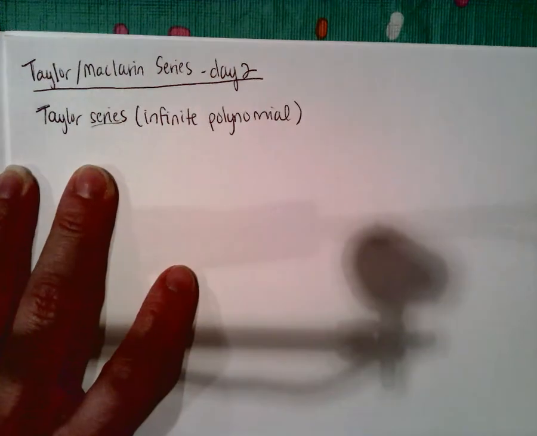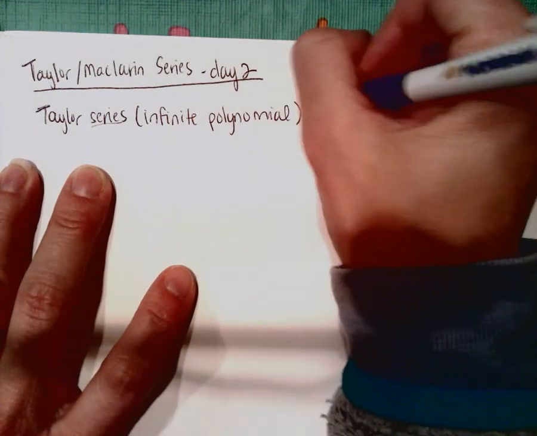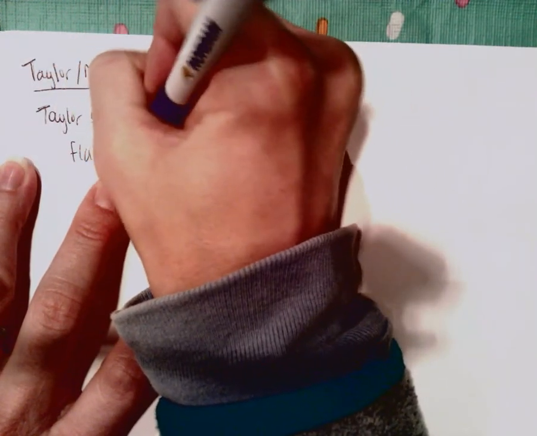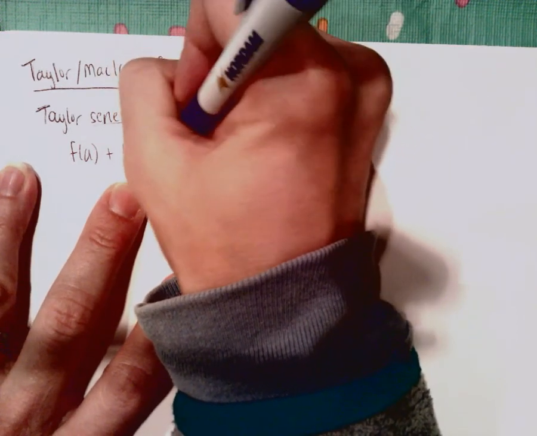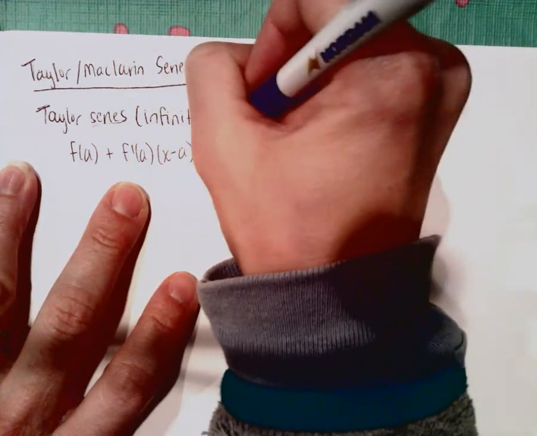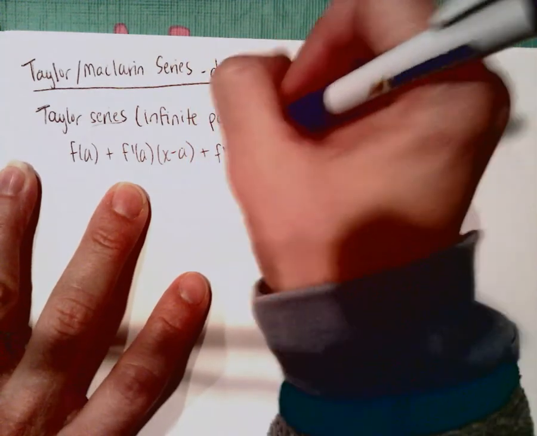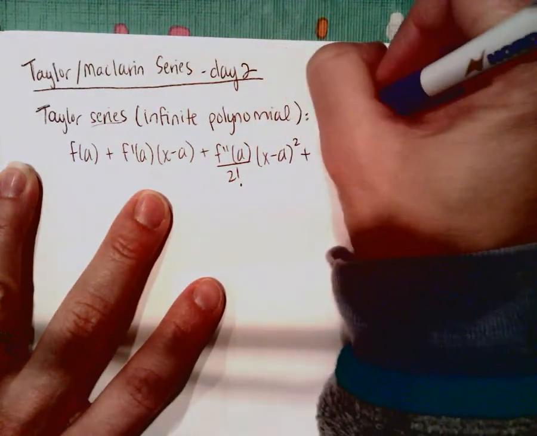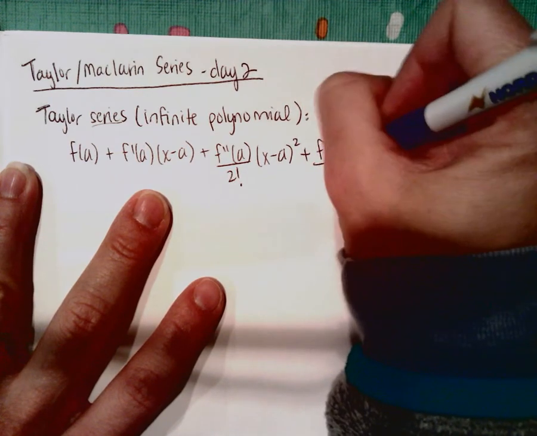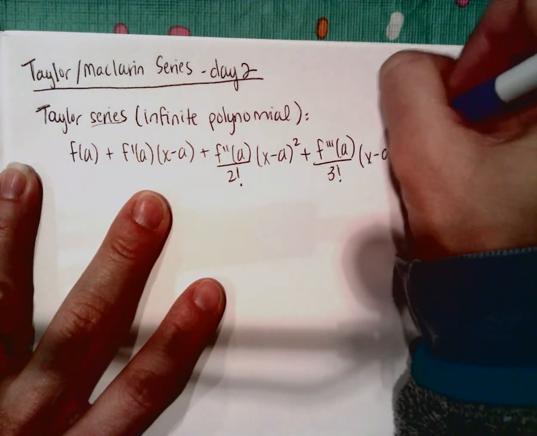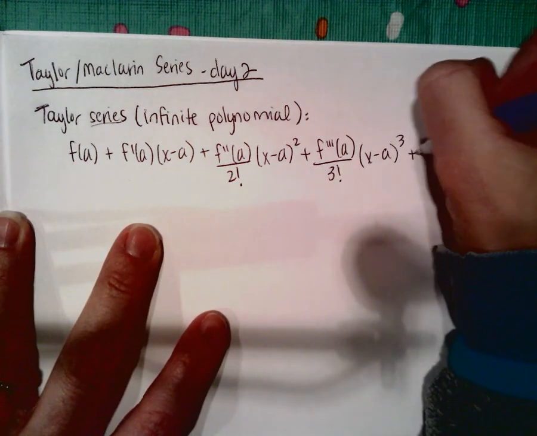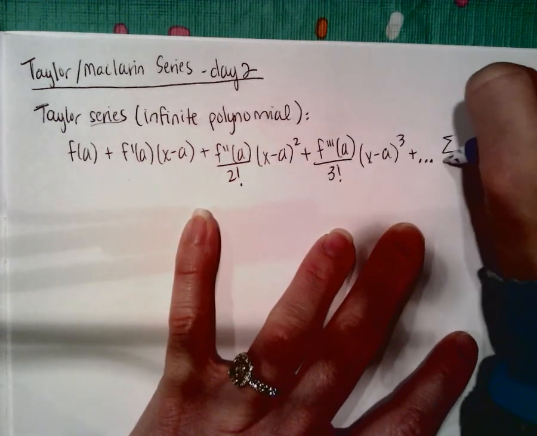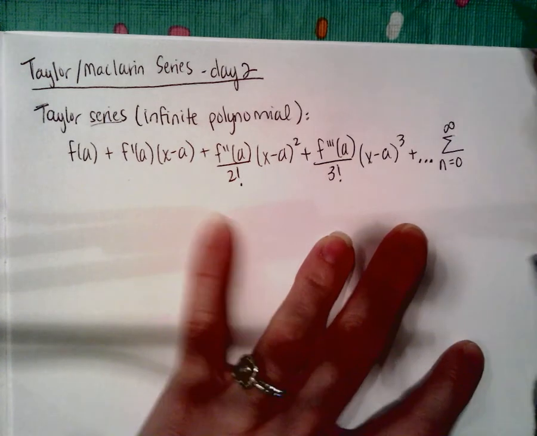So the Taylor series, or our infinite polynomial, always has this format. f of a plus f prime of a times x minus a, plus f double prime of a over 2 factorial times x minus a squared, plus f triple prime of a over 3 factorial times x minus a to the third, etc., until we get to our infinite term, or our sigma notation, the sum from n equals 0 to infinity of that derivative.